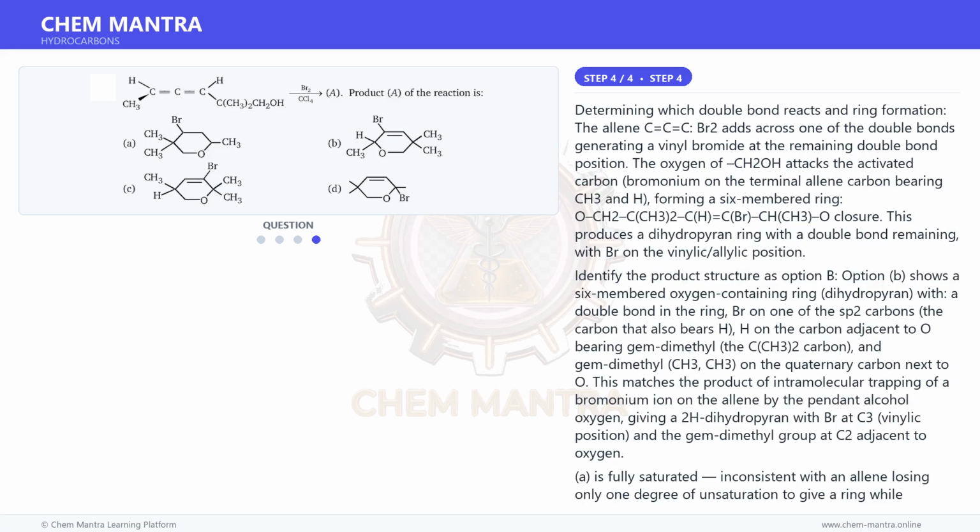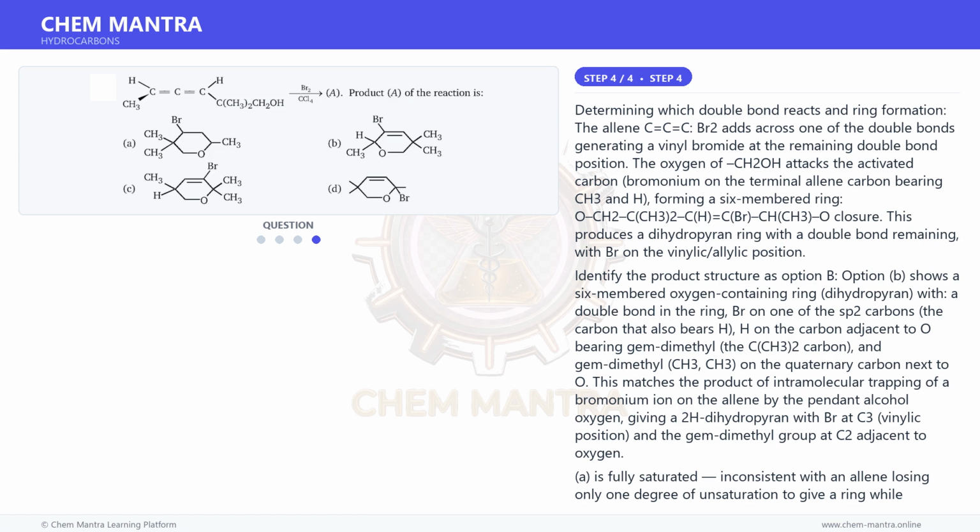And for the final step, determining which double bond reacts and ring formation, the allene C=C=C. Br2 adds across one of the double bonds, generating a vinyl bromide at the remaining double bond position.